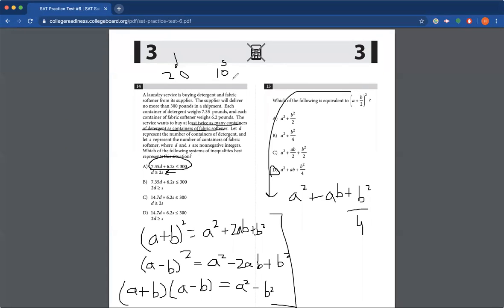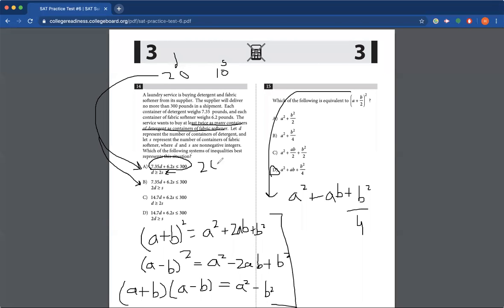Okay, did you get that? Now you want to plug this into your equation, into each one to see if it holds, if it's true. 10 times 2 is 20.